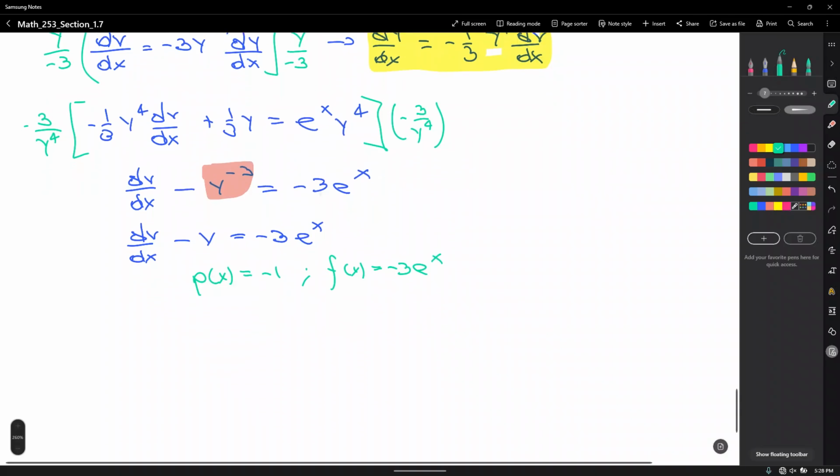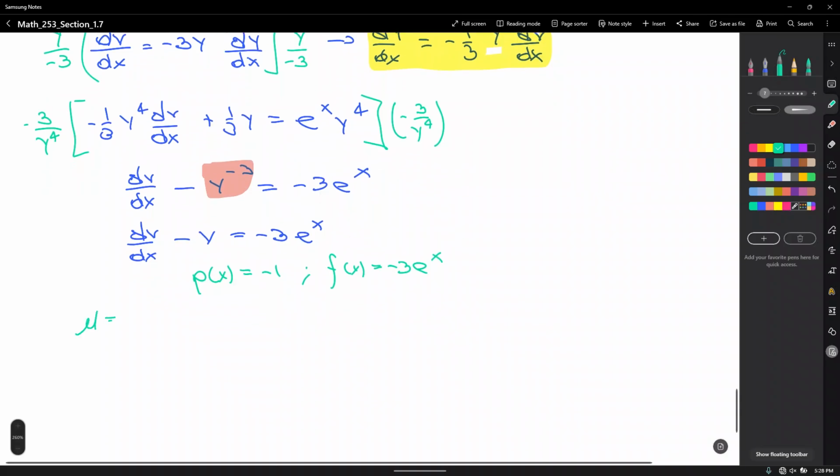So let's find mu, our integrating factor, e to the integral of p dx. That's e to the integral of negative 1 dx, which is e to the negative x. No logarithms, no cancellations. That's our mu this time.